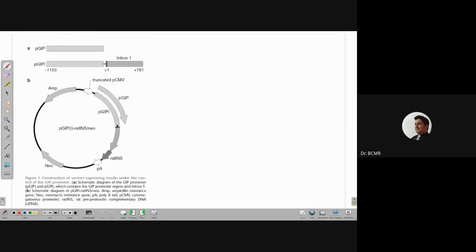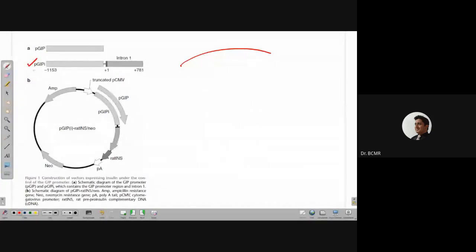What they have done is they were working with mice. Their system is a little bit different from ours in terms of insulin. They have insulin 1 and insulin 2, something like that. We humans have only one. So what they have done is they have taken the vector. I'll talk about only this one.